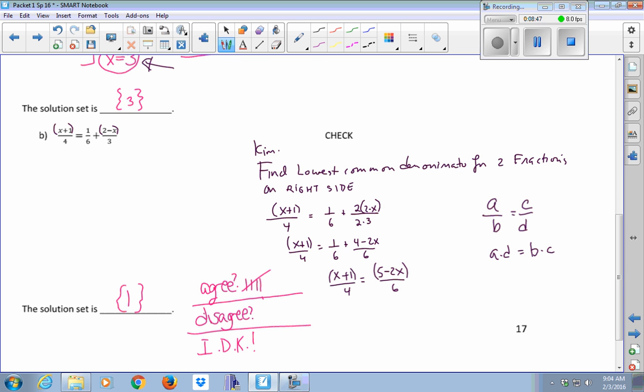So one way to simply do this problem now is just use the cross products idea and say 6 times x plus 1 equals 4 times 5 minus 2x, and then solve it from there. Okay, I'm not going to do that part. So that's one approach.